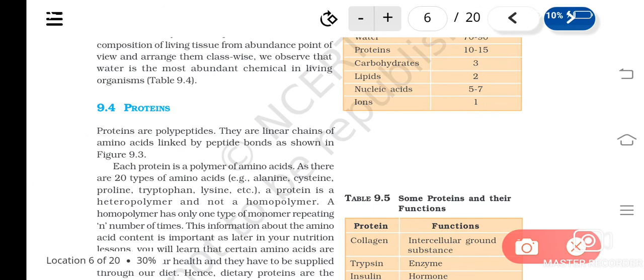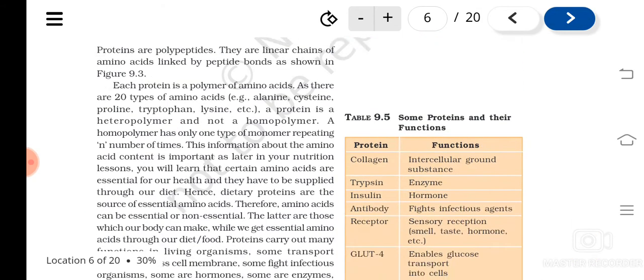A polymer is formed by the union of many units called monomers. So protein is a heteropolymer, and it's not a homopolymer. Homopolymer means it has the same type of monomer repeating many times, and then it is known as a homopolymer.